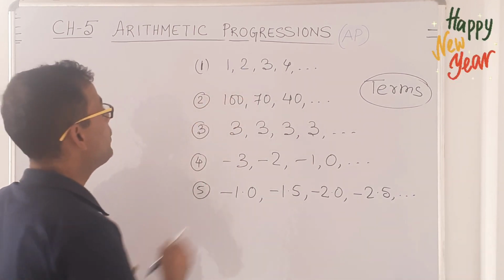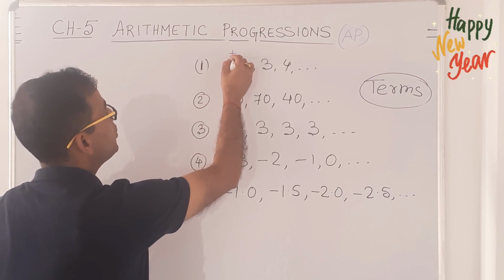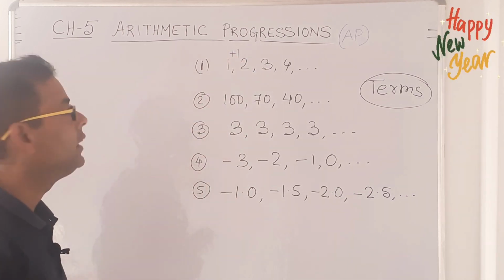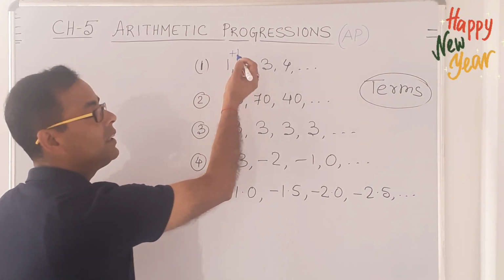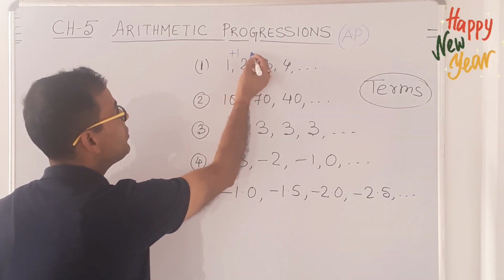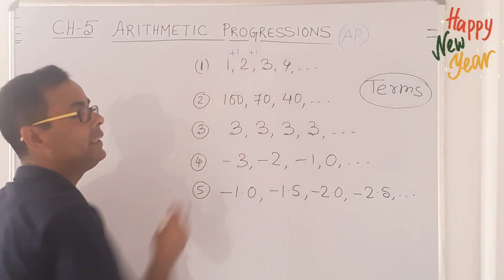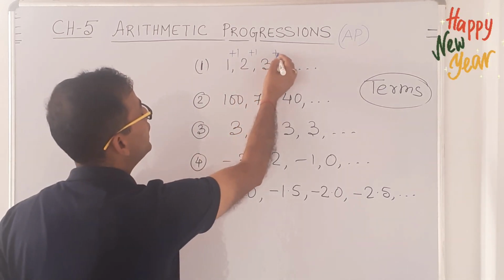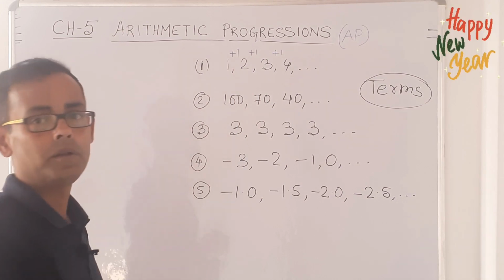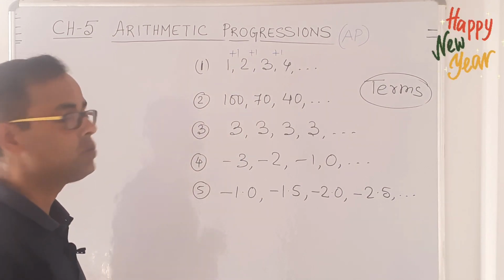Again with the second term, the preceding term, if I add 1, I am getting the successive term, that is 4.